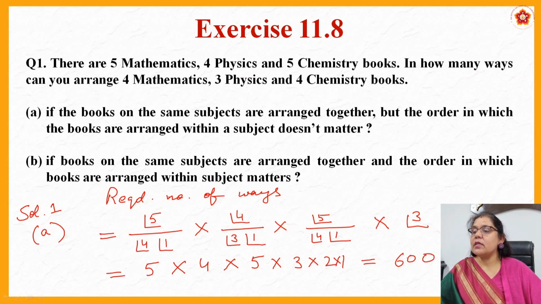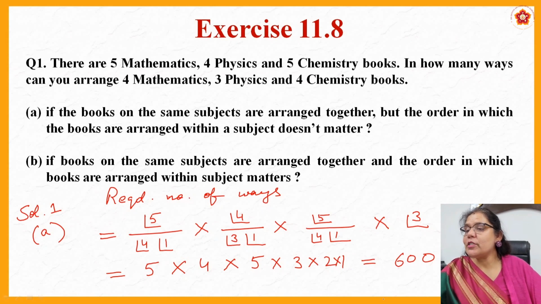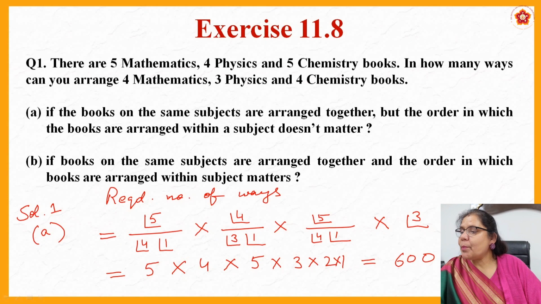These 4 maths books, 3 physics books, and 4 chemistry books can be arranged in 600 ways if we put the books of the same subject together. I hope it is clear. Now let's move on to the B part.